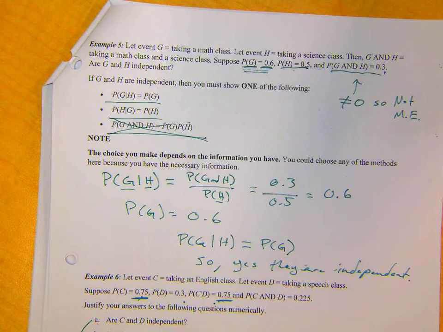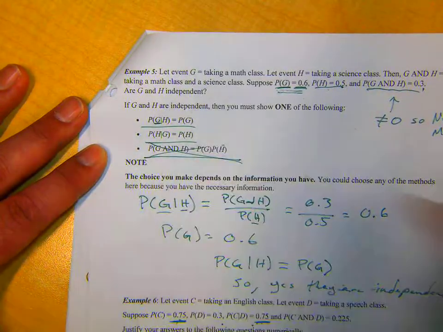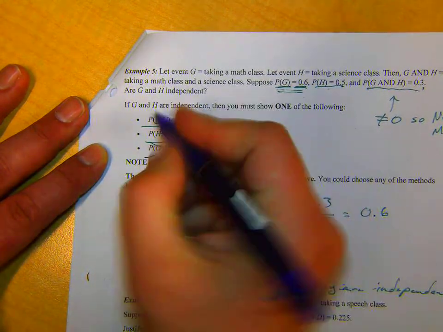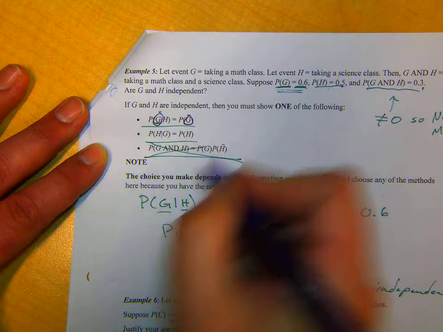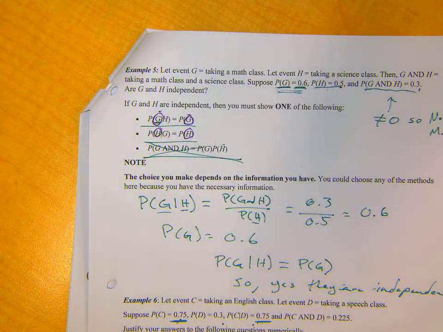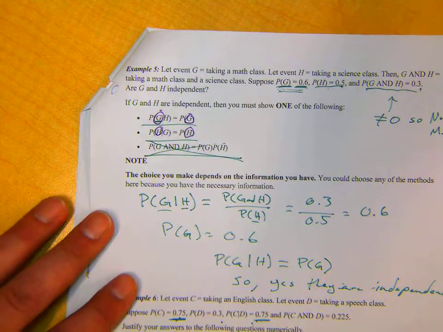So it equals P of C. Notice what these are saying: you got G in the top, G here, H in the top, H here. So opposite of that formula we were using before.